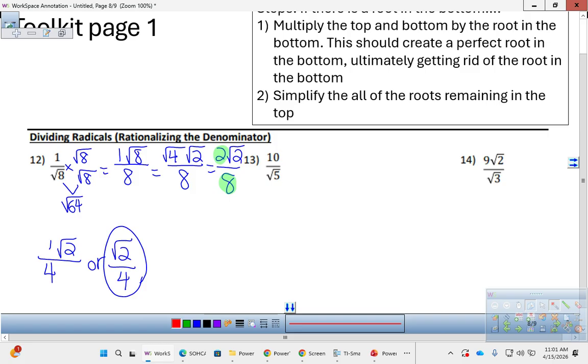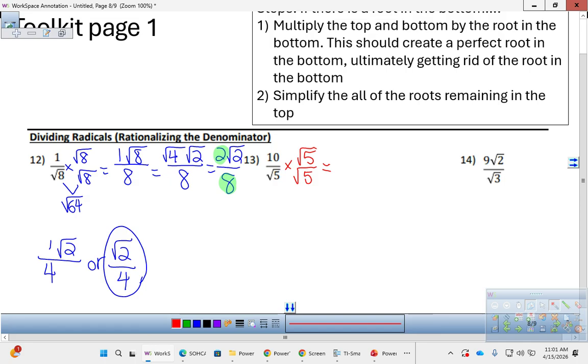So if we're presented with a fraction and that fraction has a root on the bottom, we want to get the root out of the bottom. To get the root out of the bottom, we multiply the bottom by whatever is in the bottom. I'm just mirroring that root in the bottom. If I do that to the bottom, I just also have to do it to the top. 10 times the square root of 5 is not the square root of 50.